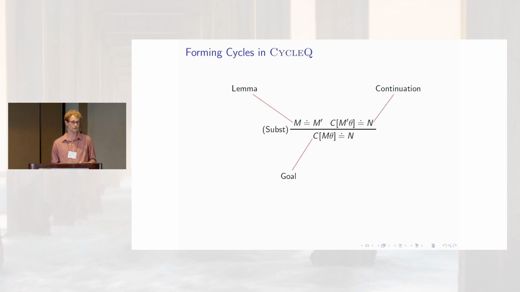But what's different about subst compared to other matching functions is that we're simplifying the goal, but we're not completely discharging it. We're going to have a continuation, which will then require further reasoning. And in particular, this could have further inductive reasoning. There could be cycles in that portion of the graph. So the subst rule is only used when forming cycles, and it's the only way in which cycles are formed in our cyclic proof system.